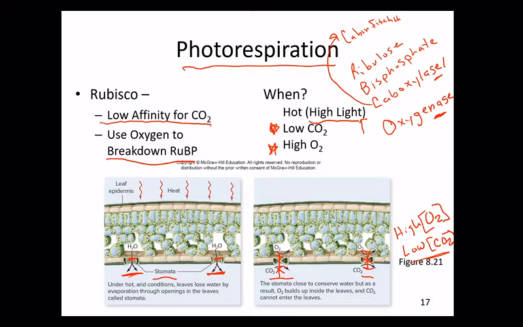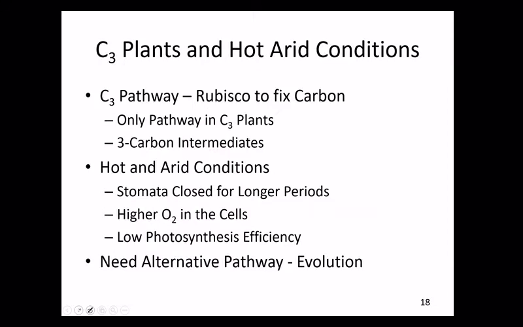And photorespiration is the process by which Rubisco begins to break down the ribulose bisphosphate. So that's bad for the plant, because the plant's going to lose the ability to continue the process of photosynthesis, in particular to continue the dark reactions.